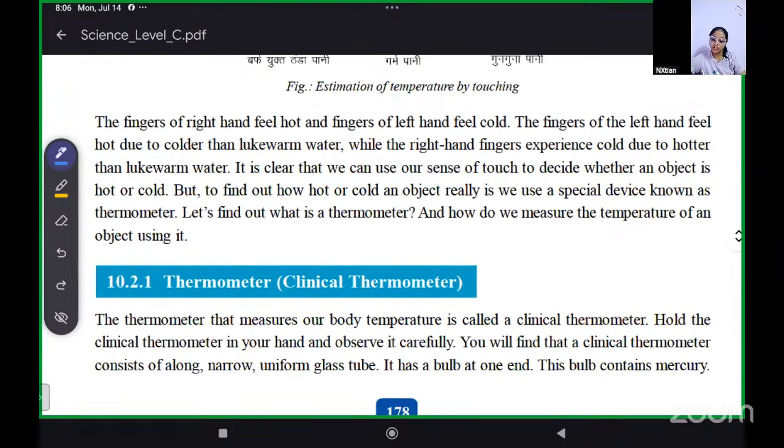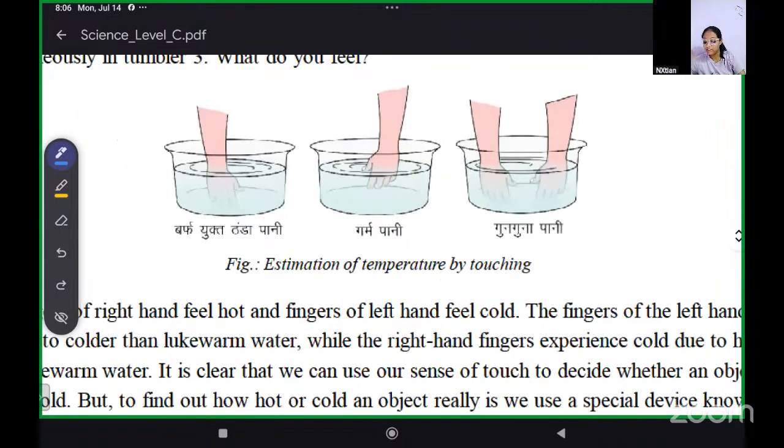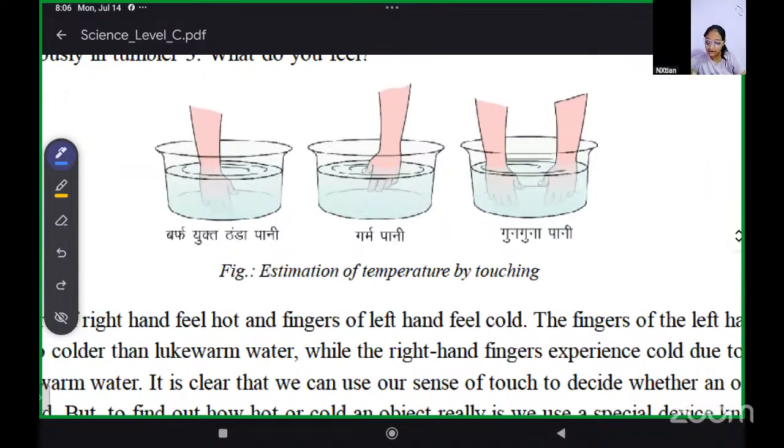The fingers of the right hand feel hot and the fingers of the left hand feel cold. The fingers of the left hand feel hot due to colder than lukewarm water. This is the activity where you put one hand in ice cold water and one hand in hot water, and then both hands in lukewarm water.